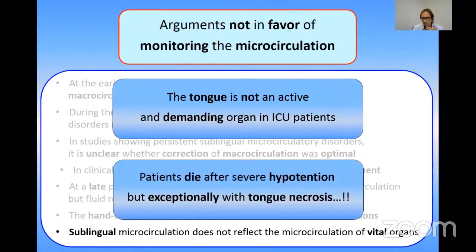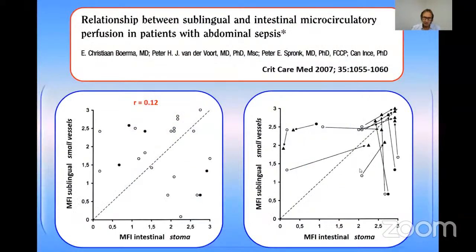And in my experience, I saw many patients dying after severe hypotension, but exceptionally with tongue necrosis. And there are many studies that show that there is no correlation between the microcirculation of the sublingual territory and the microcirculation of other organs, for example, the intestines.